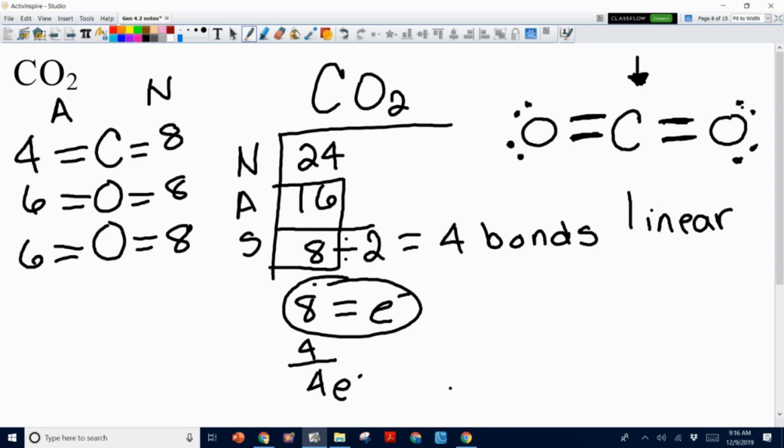Because if we had unbonded electrons on this center, for example, if we had 2 electrons like that, these electrons would push on these bonds here and bend them downwards, and that would make this bent instead of linear. But since we don't have those, this molecule can set as a linear molecule.